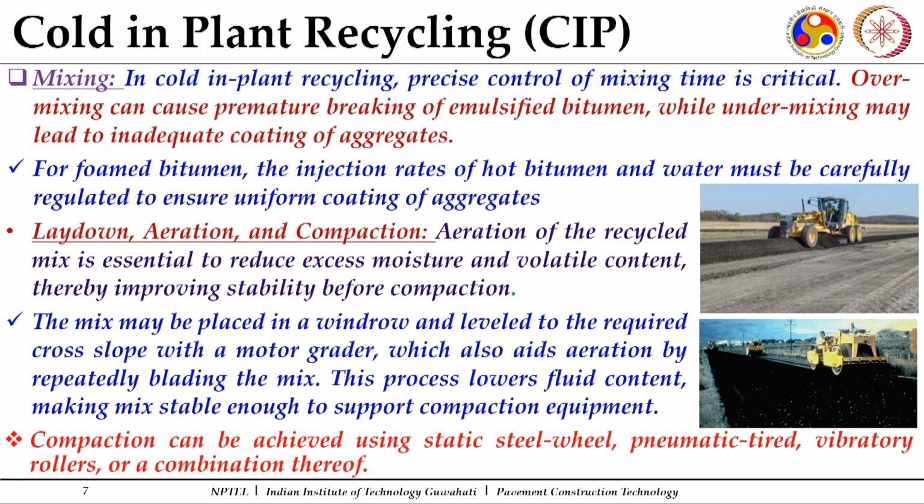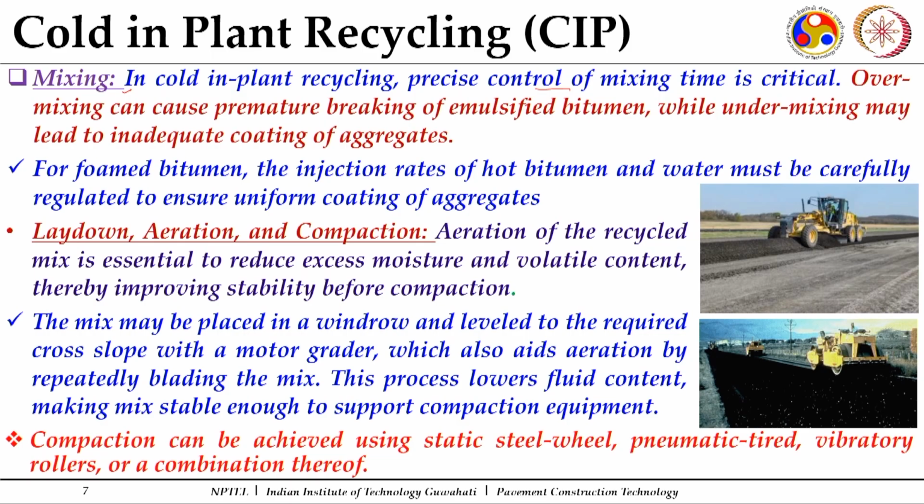So, if we look into the mixing part of cold in plant recycling, precise control of mixing time is important. Because if I am using, say, emulsified bitumen and it is mixed for a longer period of time, then breaking of the emulsion may take place. This will make your mix very stiff, or if the time given is less, then proper coating may not take place.